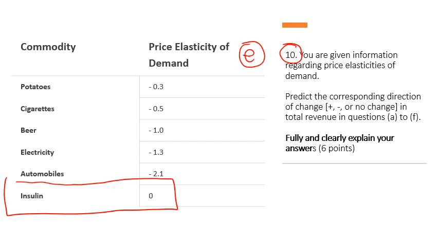Consumers are not responsive to changes in price. Okay, so what are we told is the price event? In E, we're told that the price of insulin goes up.